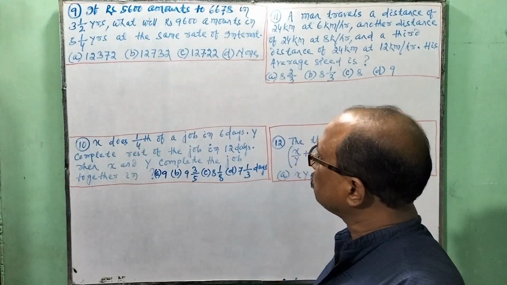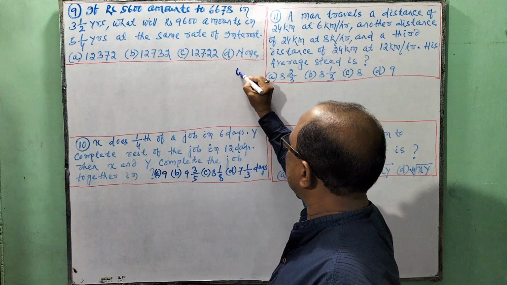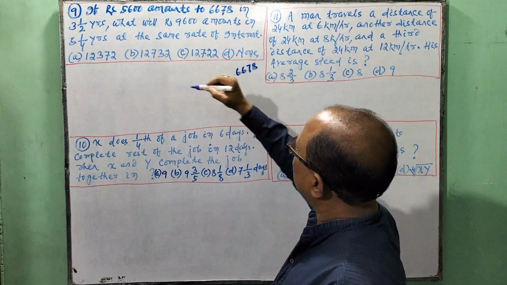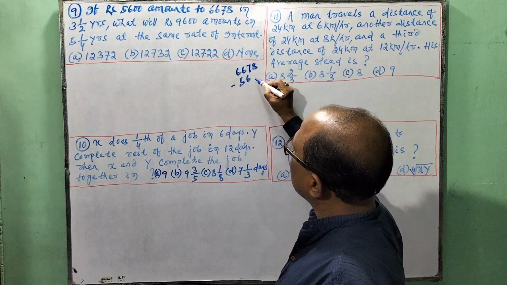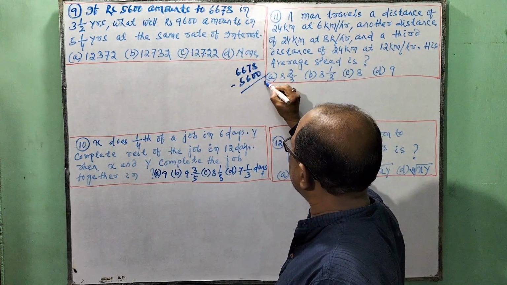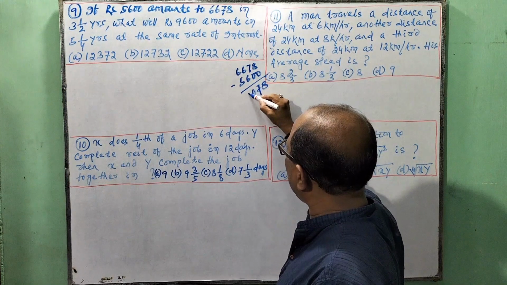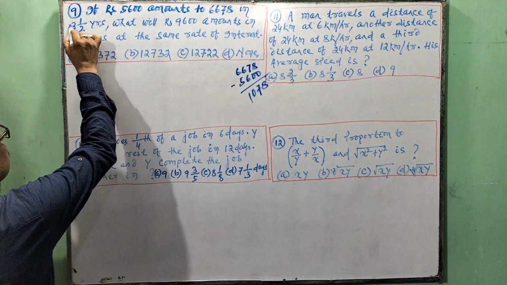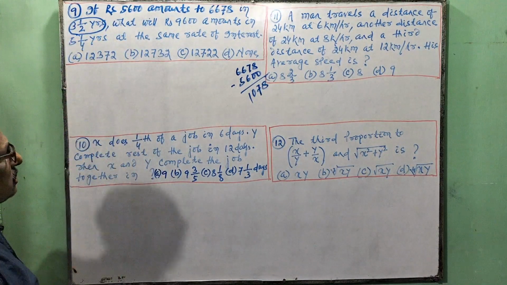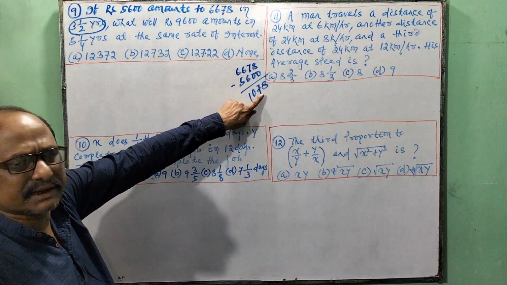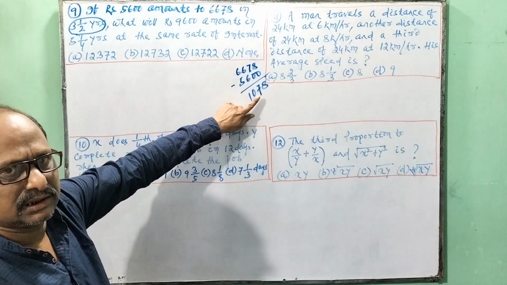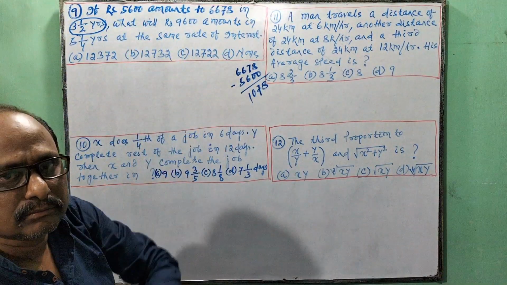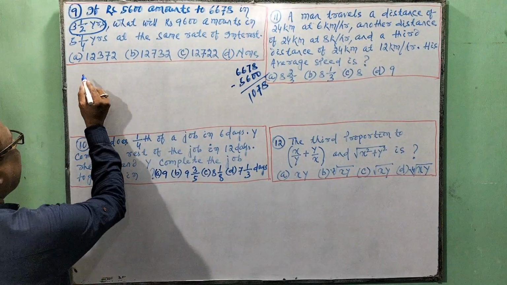So the SI is 1,078. In 3.5 years, he gets 1,078 as simple interest when 5,600 is the principal.